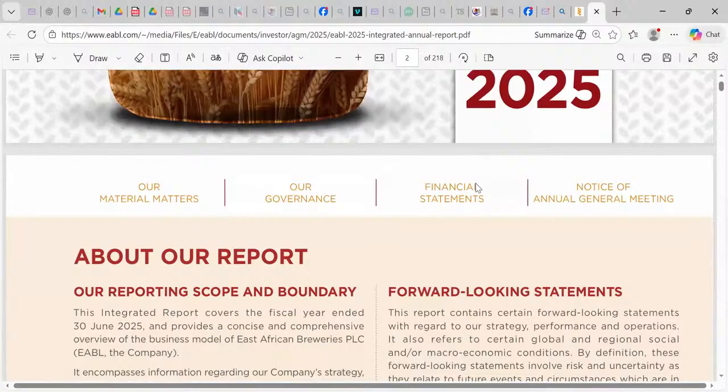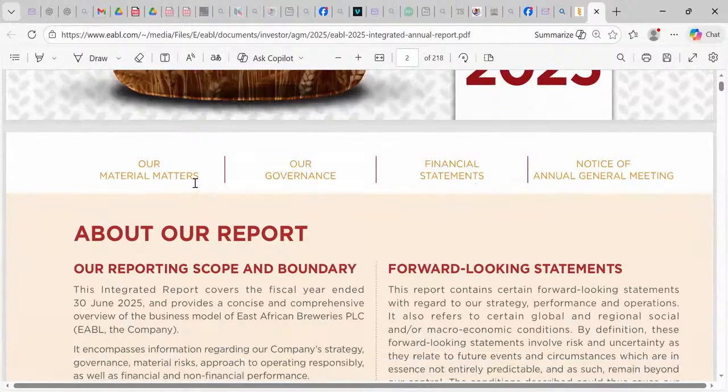You can see our material matters: they're talking about water, the environment, our governance, financial statements, notice of annual general meeting, and our report scope and boundary. This integrated report covers the fiscal year ended 30th June 2025 and provides a concise and comprehensive overview of the business and the general business model.